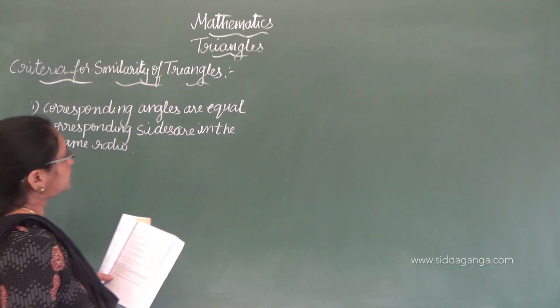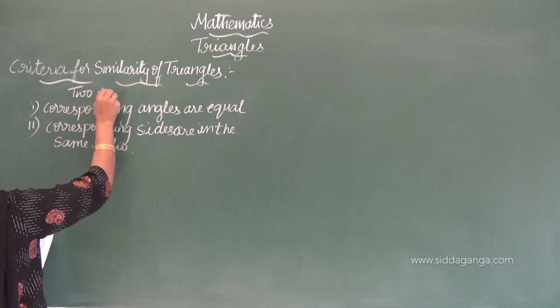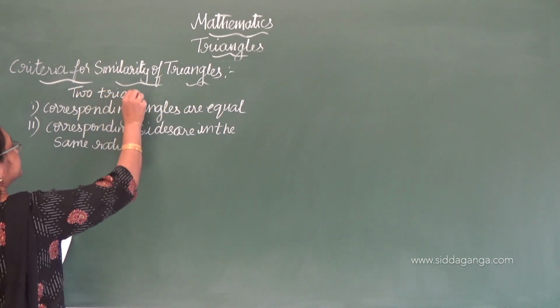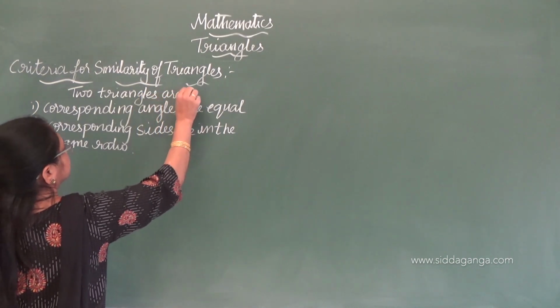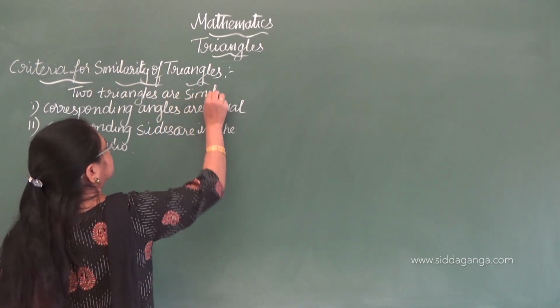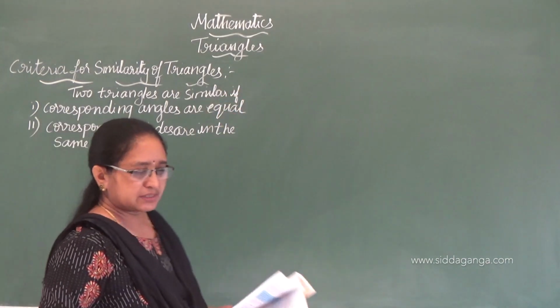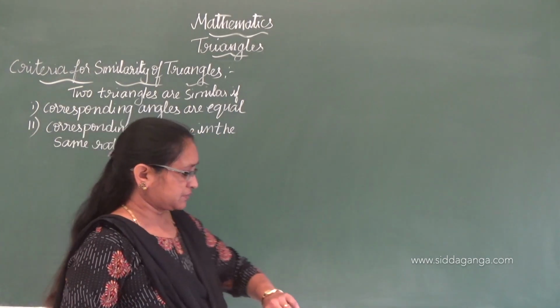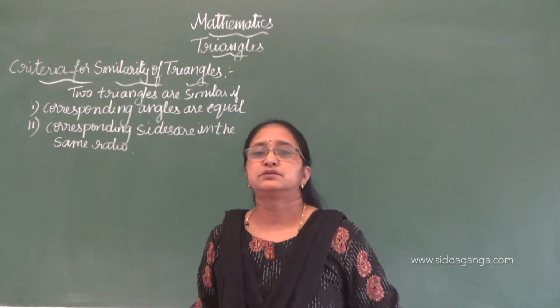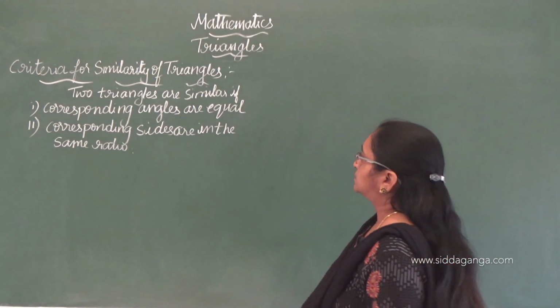Then we can say that two triangles are similar. Two triangles are similar if their corresponding angles are equal and their corresponding sides are in equal ratio.